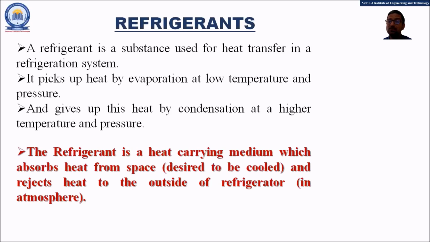During evaporation, it will absorb heat at low temperature and low pressure, and during condensation, it will reject the heat at higher temperature and pressure. As we proceed further in this chapter, you will better understand the concepts of refrigerants.